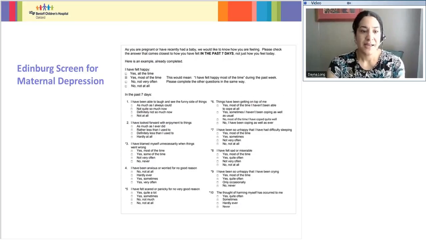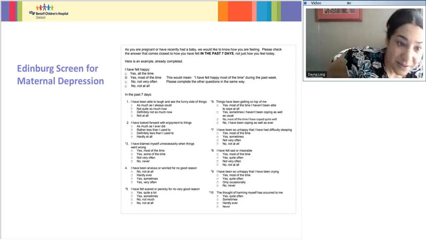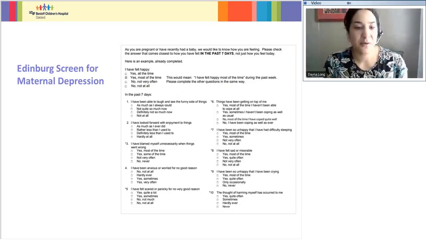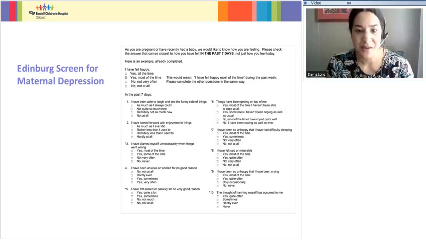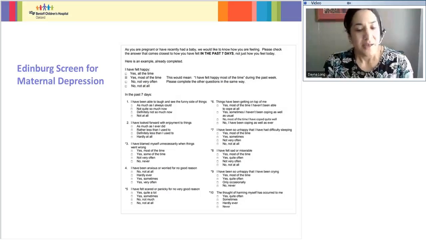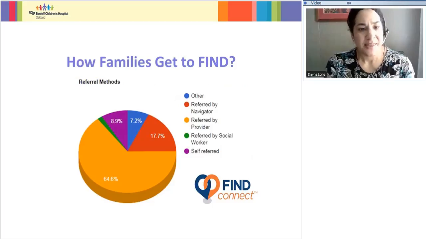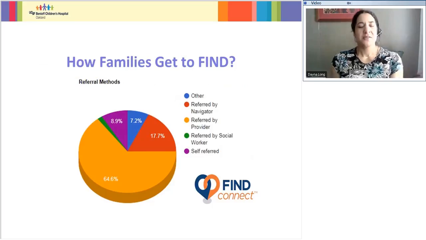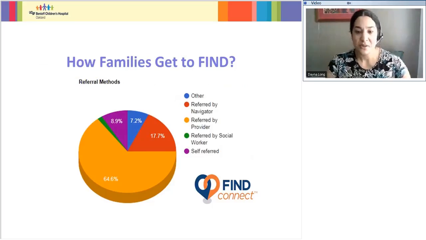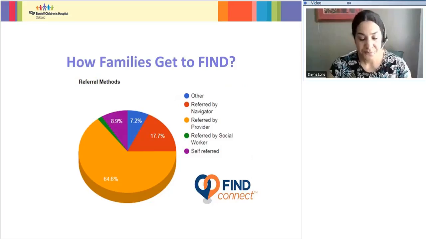We also ask about maternal depression, and we ask these questions for all of the mothers of the young babies that come in. Then we're able to notify the physician and the social worker and get mom resources if we're concerned about depression. And what I didn't list there is the GAD-7, a tool to screen for anxiety.